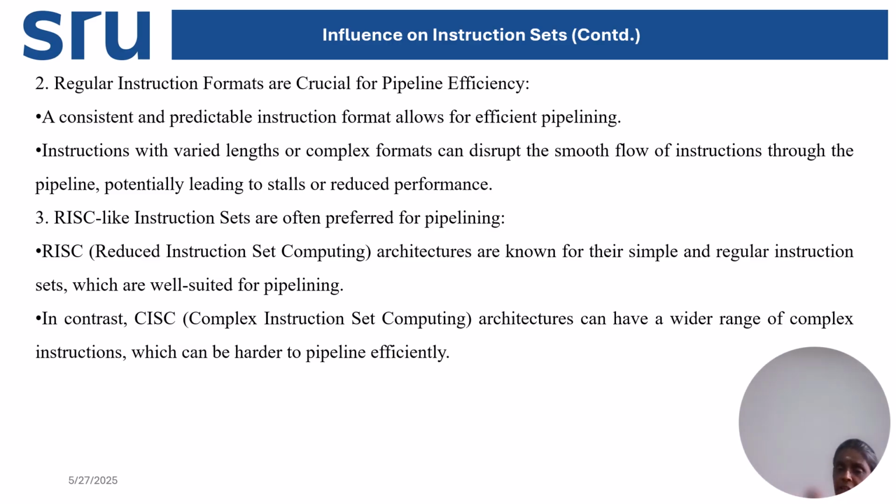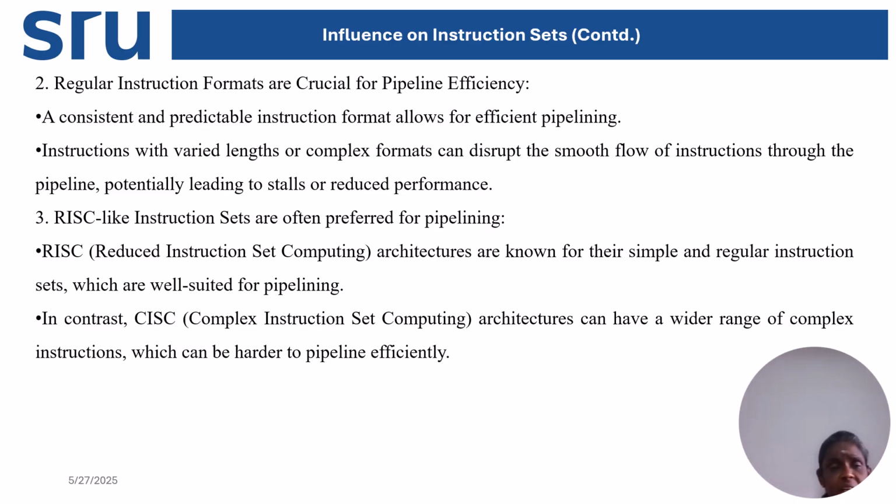So if any disturbance occurs in the pipelining operation, then automatically the performance will come down. How will the disturbance happen? The instruction sets are not uniform, the flow of data is not smooth. At that time the pipelining will not be performed correctly, so the performance of the system will come down.